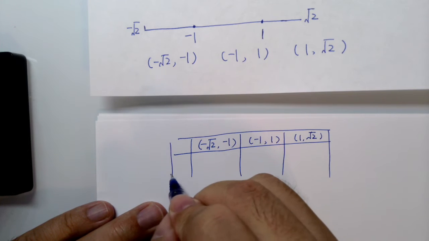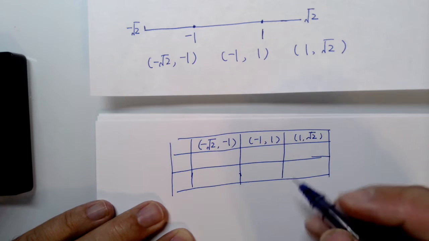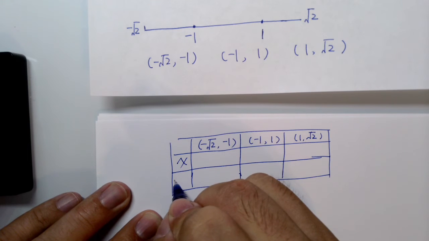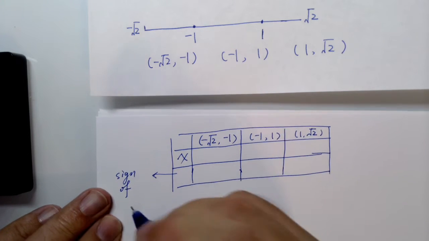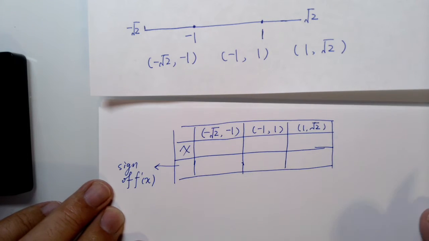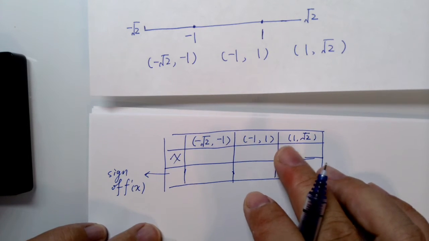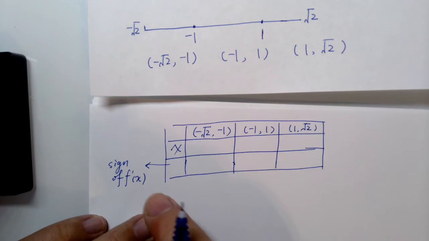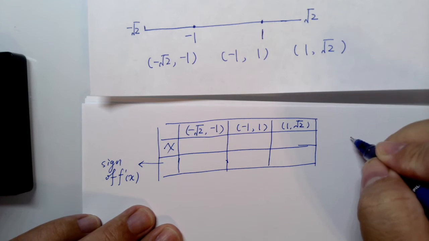Then for the sign of f prime of x, for the second row, remember we can randomly select a number from each interval, and then we evaluate the first derivative. Then we determine what's the sign of it.